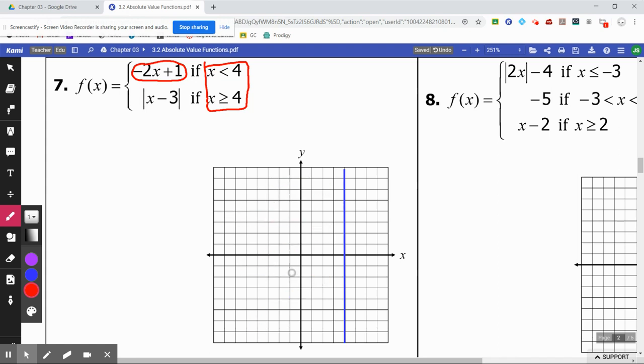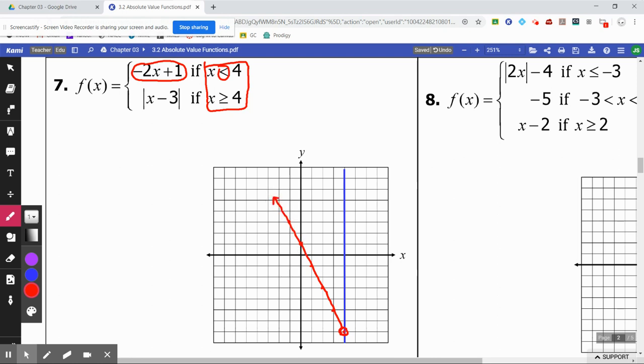So I'm going to graph -2x plus 1, so my y-intercept is 1. My slope is -2 over 1, so I'm going to do some points down through here. And then, what do I do at my line right here? Since we don't have or equal to, I'm going to do an open circle at my line. And then I'm going to extend my graph forever in this direction, so we can now connect our dots. And there's that portion of my graph.